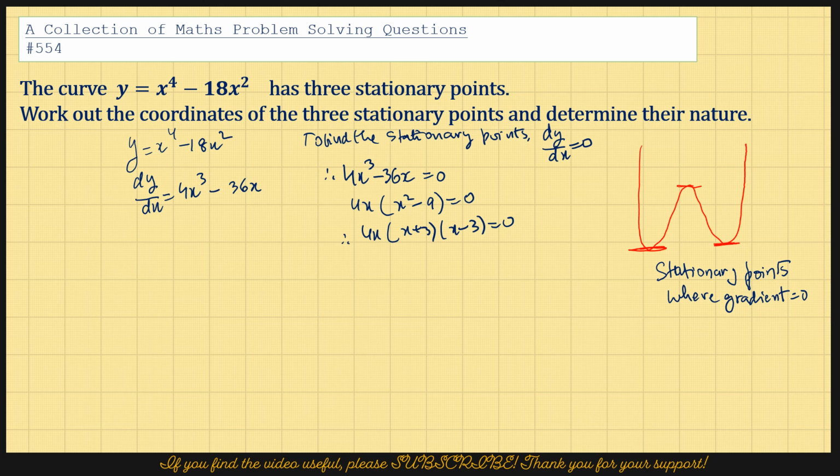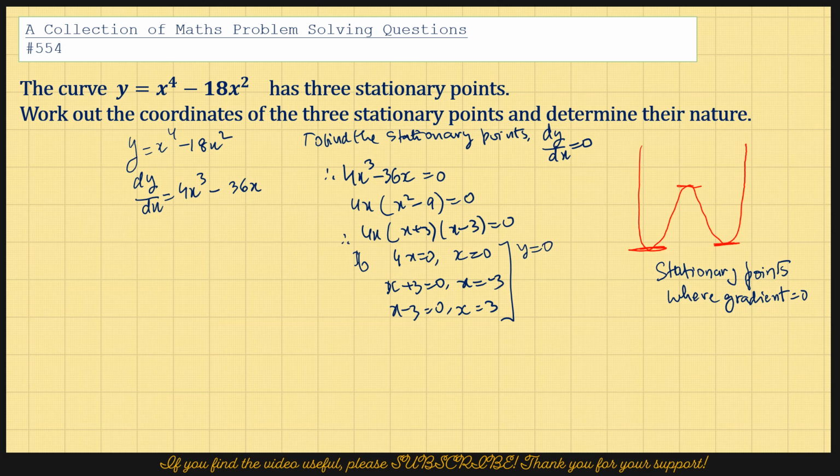So from here we get, if 4x is 0, then x equals 0, and if x plus 3 equals 0, then x equals minus 3, and x minus 3 equals 0, x equals 3. So now we've got to find the corresponding values of y. So x equals 0, then y would be 0.